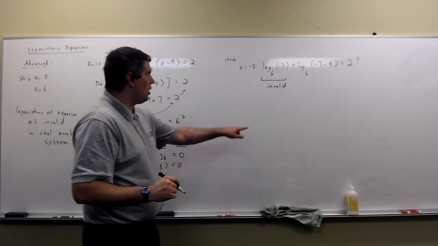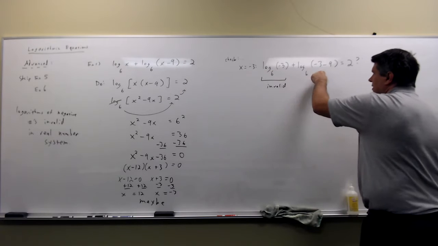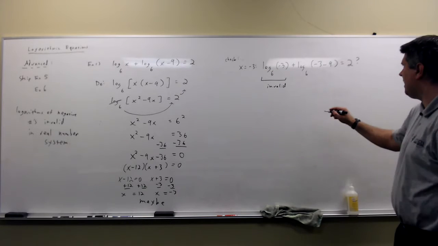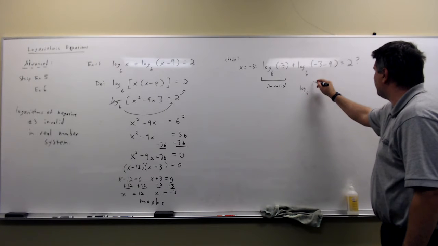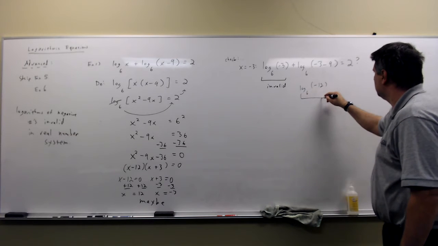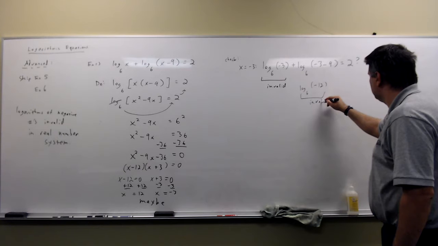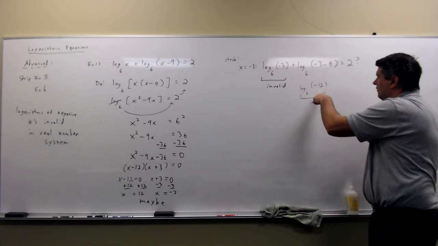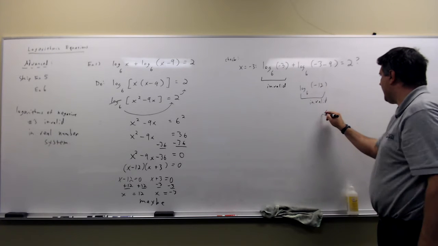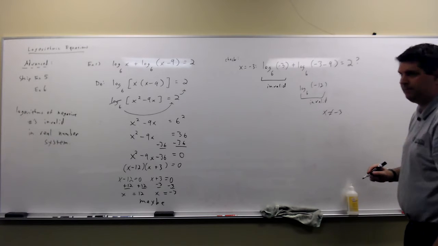Okay? So I don't even have to do this one. That's bogus. Okay? I can confirm that this also will be bogus. Invalid. Log of a negative, log of a negative. It's out. Okay? X does not equal negative 3.